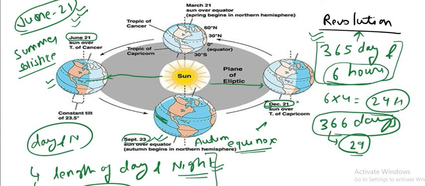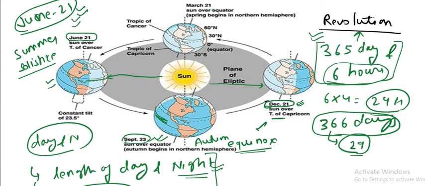On this December 21, the Tropic of Capricorn will receive the vertical sunlight, and this will be the summer period in the southern hemisphere while the winter period in the northern hemisphere. On this day, the length of day will be longest in the southern hemisphere while the day will be shortest in the northern hemisphere.